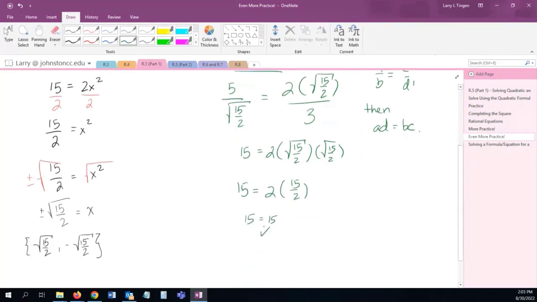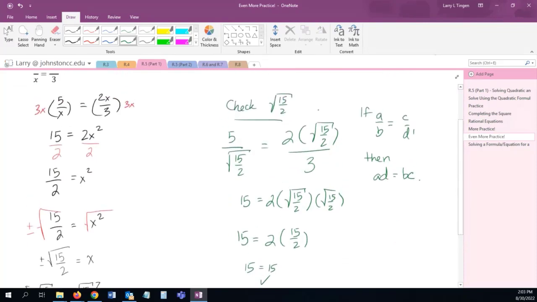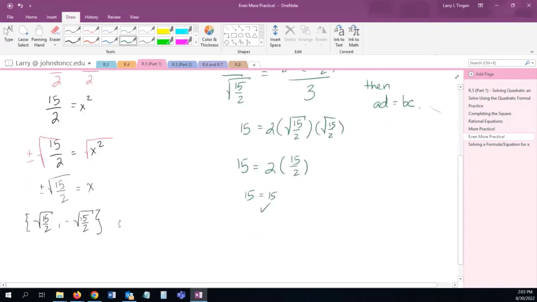I got two things that are equal, so this proportion is true, which means the square root of 15 over 2 is a solution. If I did the same thing with negative square root of 15 over 2, when I multiply across, the negatives are going to multiply out to a positive. So this checks for both. So those solutions are correct.